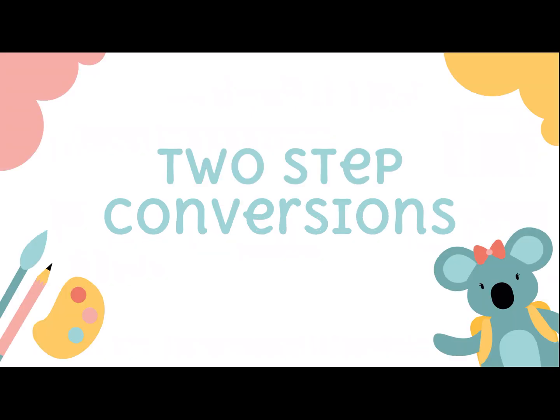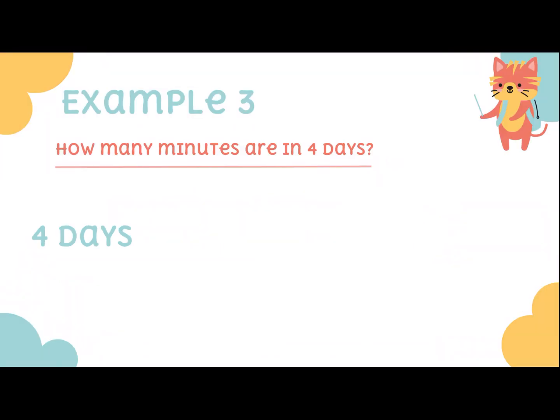So now we're going to try a 2-step conversion, and all this means is we're going to have to go through 2 different units of measurement to get to the final answer. So I'm asking how many minutes are in 4 days. In order to do this, we're going to start with 4 days. Then we're going to convert that into hours, and then we're going to get minutes from the hours.